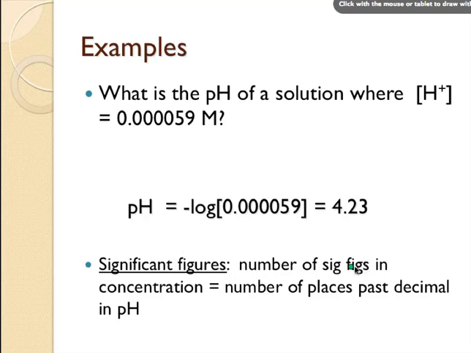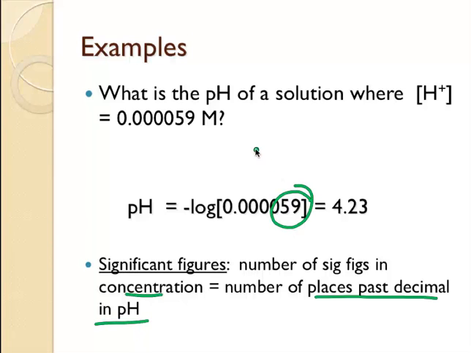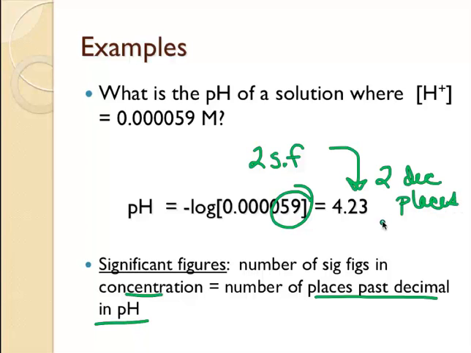The number of significant figures in the concentration is going to be the number of places past the decimal point in the pH. This has 2 significant figures. That means I go to 2 decimal places past the decimal point. Okay?